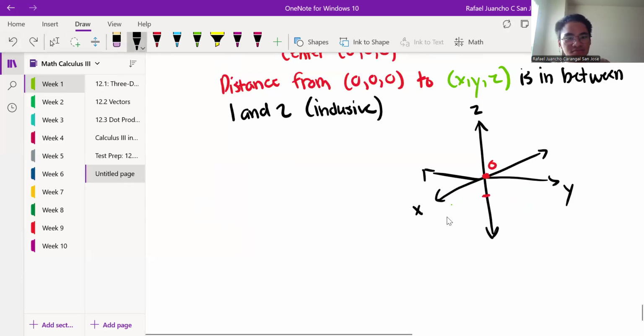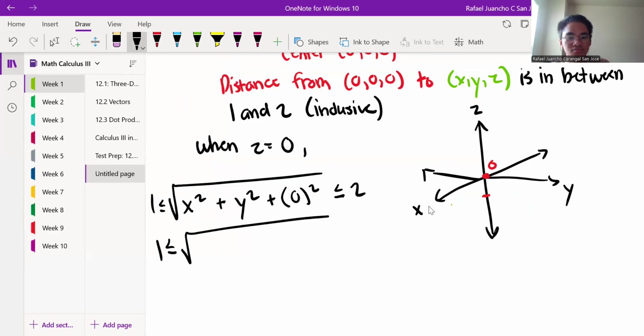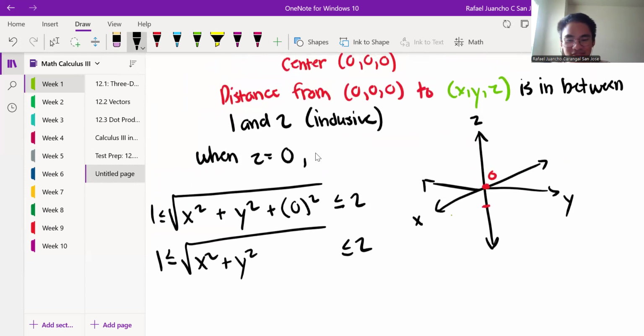When z is 0, we have this thing. Now my z is 0. And this is in between 2 and 1. What is this? X squared plus y squared. Right? Because it's just a 0.